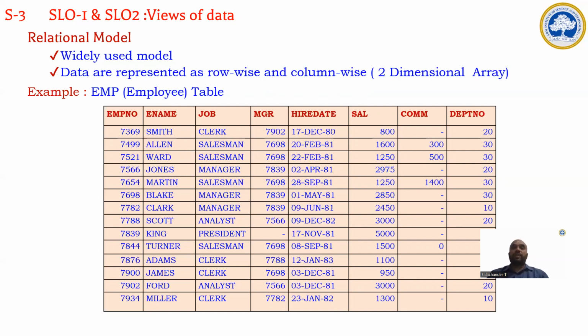The columns of a table correspond to the attributes of the record type. The relational model is the most widely used data model. Here we have the employee table, which includes name, ID, and department details.